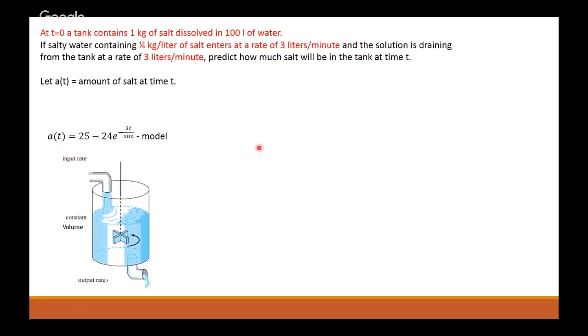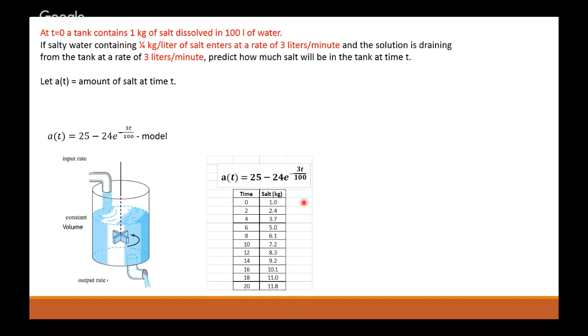So I went ahead and decided to do that. I got the model here for the system, and I put it into an Excel spreadsheet, and I said, okay, at time 0, we got 1 kilogram of salt per this model. I'm plugging 0 into the model, and that's what we end up with. But as time goes on, I looked at it in increments of 2 minutes.